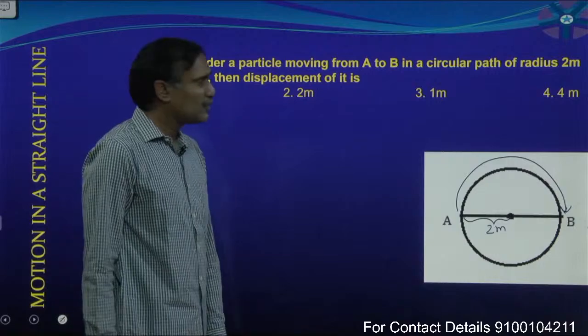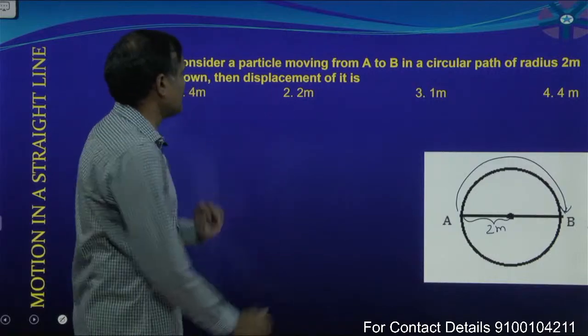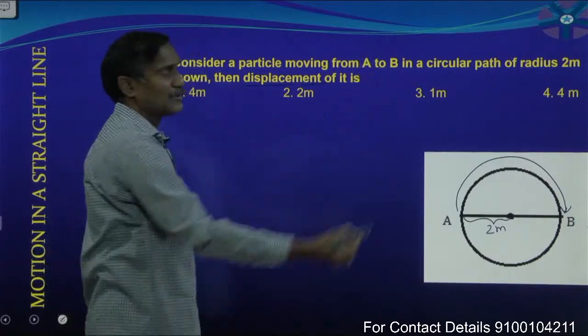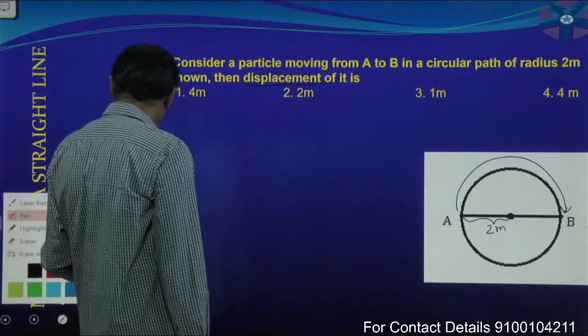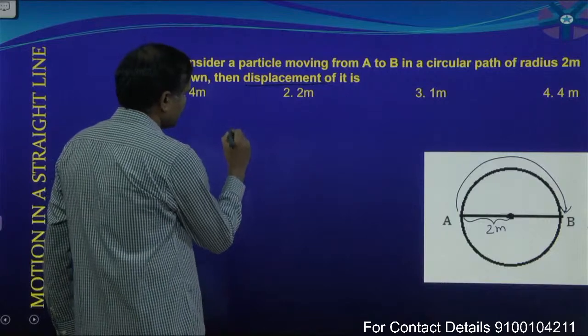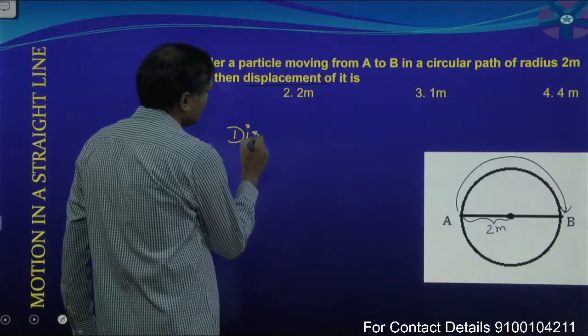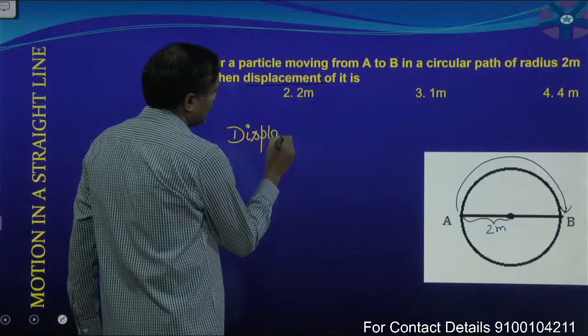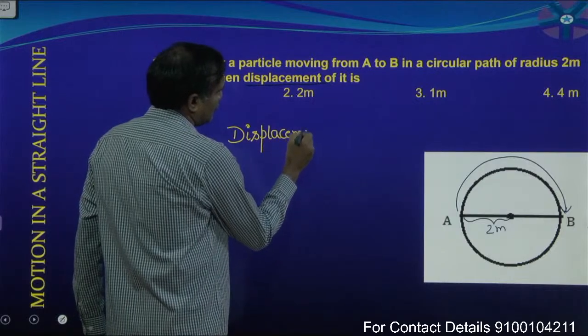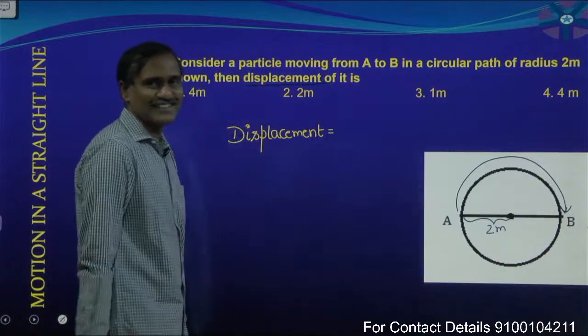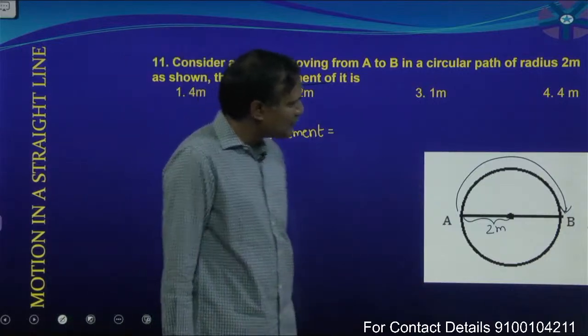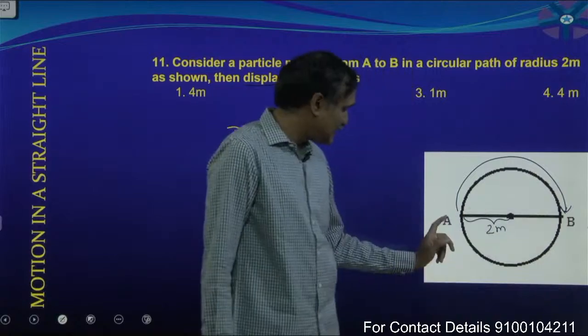Now, which one are you going to calculate? Displacement. Here you are going to calculate displacement. Now, you tell me how to calculate the displacement. Final position minus initial position. What is the final position? B. Initial position?